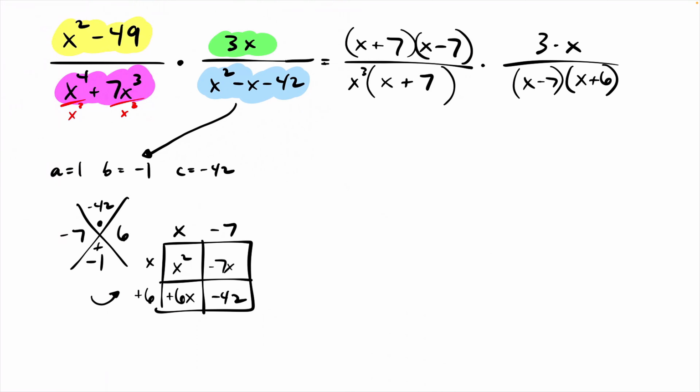Okay, first step is done. They're all factored. Every single numerator and denominator is factored. Second step is the multiplication part. It doesn't really look like multiplication, but it is. I'm going to put everything that's on top, everything that's on bottom. So let's go through this. What's on top? I have x plus 7, x minus 7, and 3 times x.